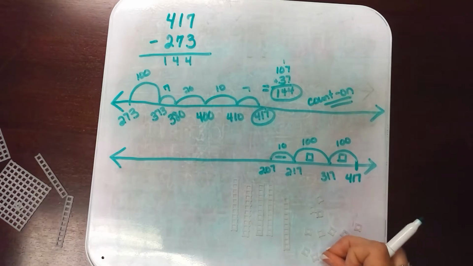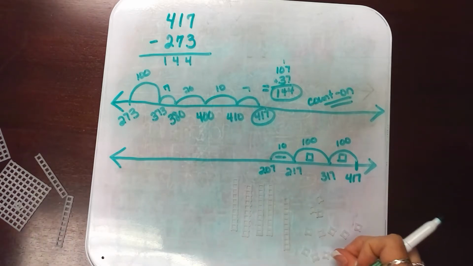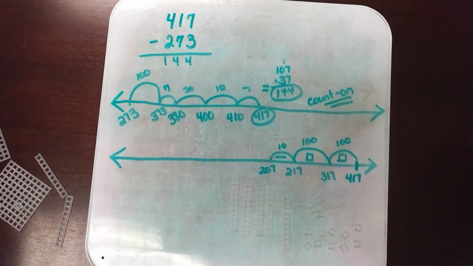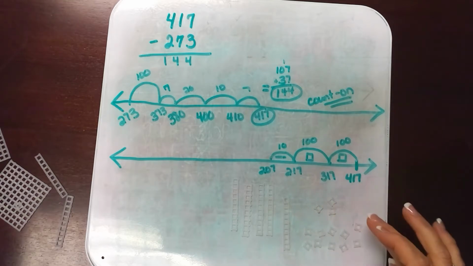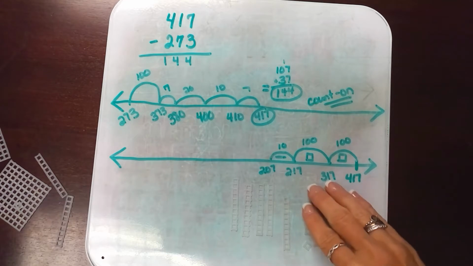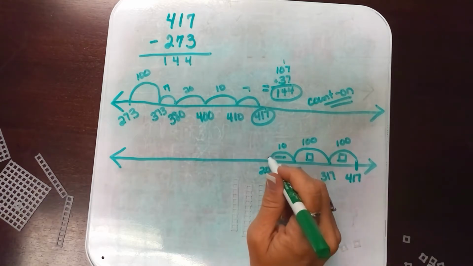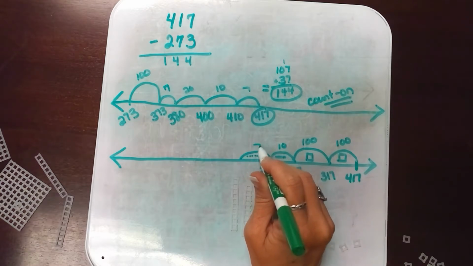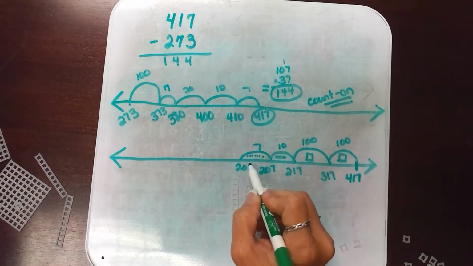Bear with me as I get these little 1s on here. Okay, so now I have 50, and then I have my 13 1s. So I can take away 7. 1, 2, 3, 4, 5, 6, 7. So I'm going to take away 7. And that gives me 200.